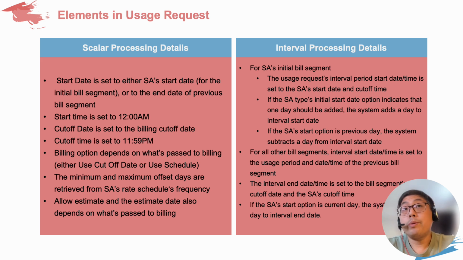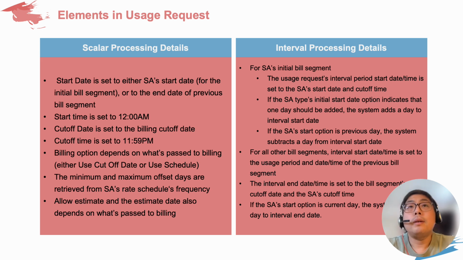It is also down to how you configure the usage rule, because the usage rule takes care of what read to choose, what is the most proper read to use for the bill. Do I allow estimate reads, etc., and where is the estimate read?